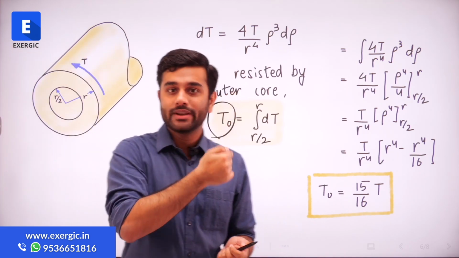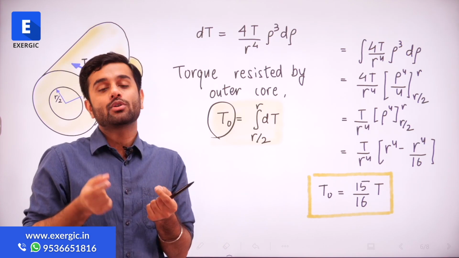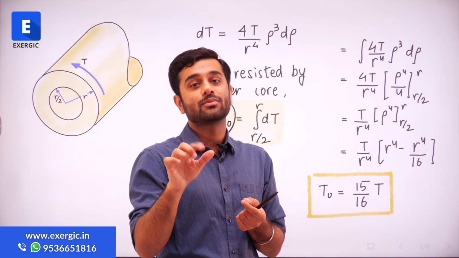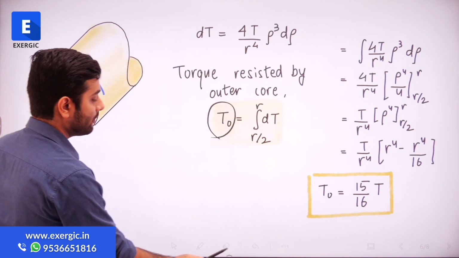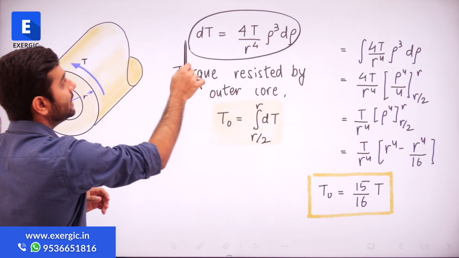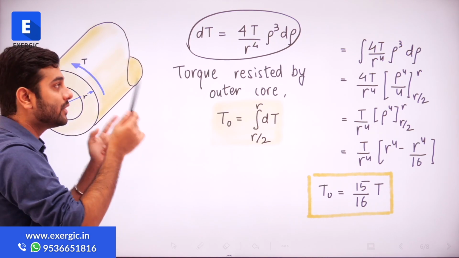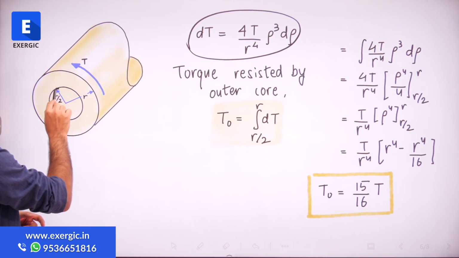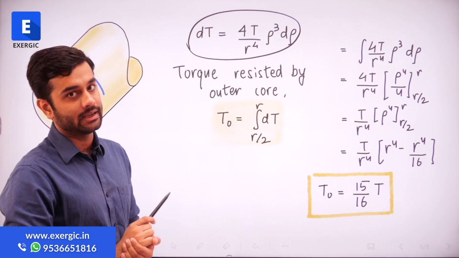Why? Because the discussion that we are doing asked us to find out how much will be the outer torque in terms of the total torque fraction. That's why we are going to integrate this expression of dt to find out the outer core's torque resisted, which will be given by integrating it from r by 2 up to r.